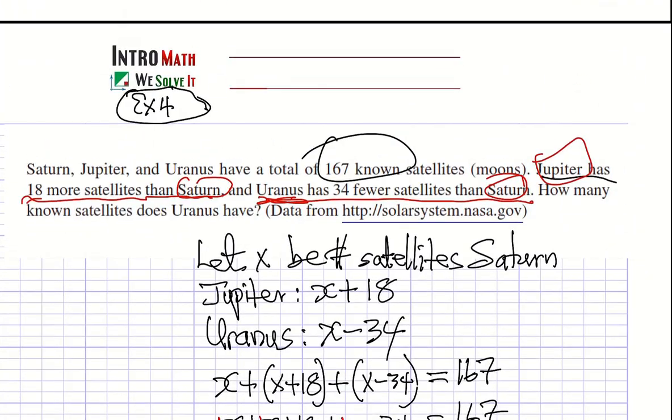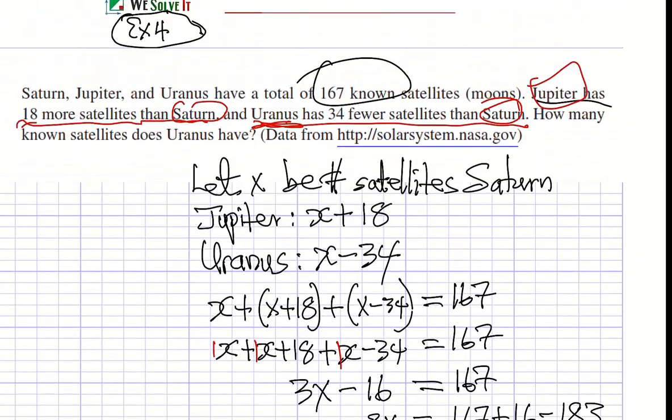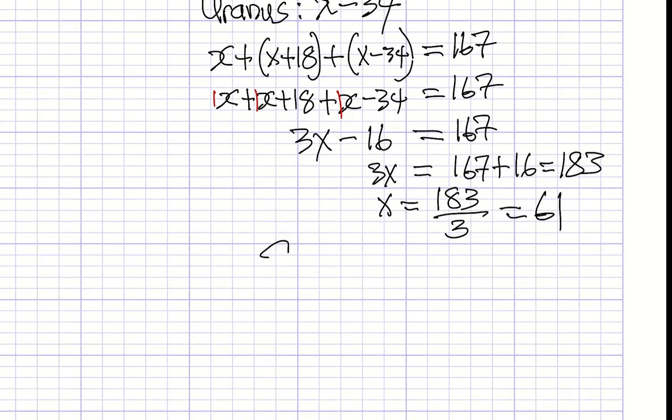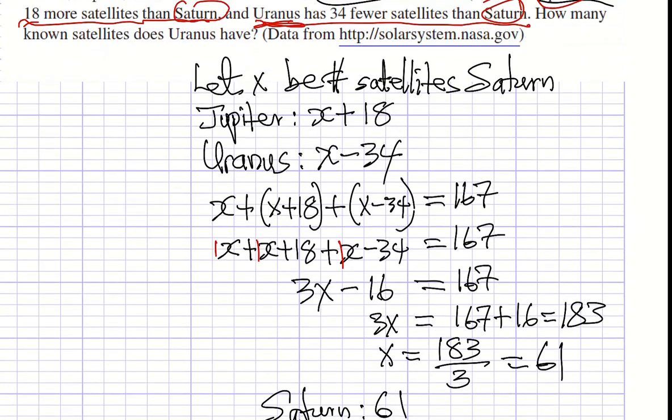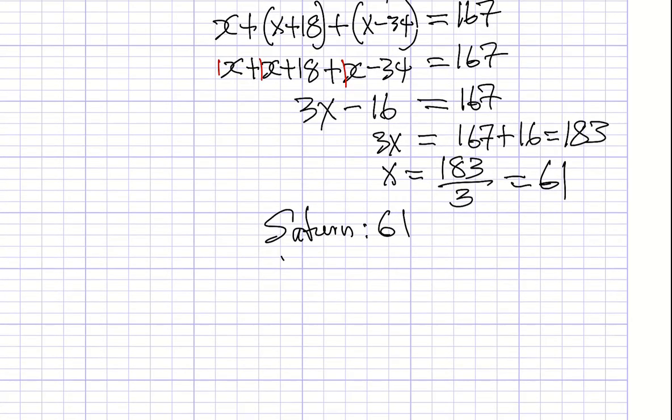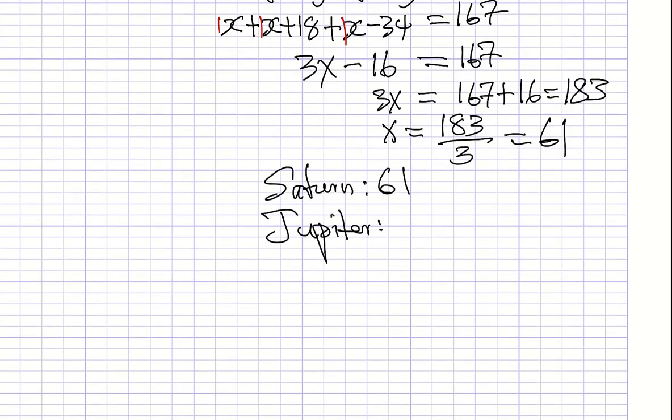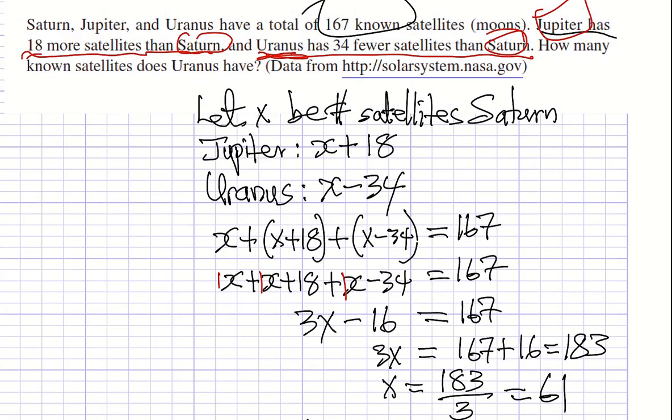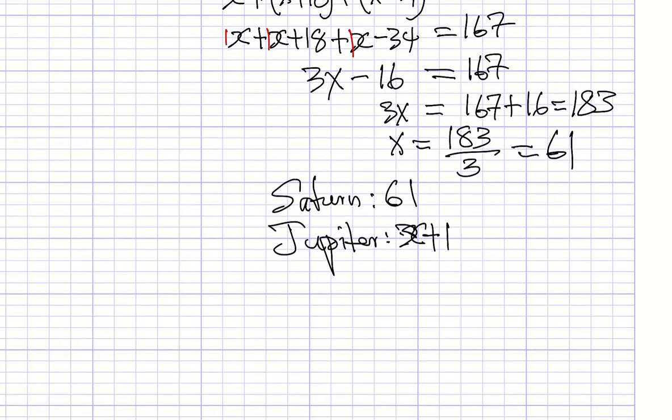So that's how many satellites Saturn has. Saturn has 61 satellites. Jupiter has X plus 18, and that means 61 plus 18.